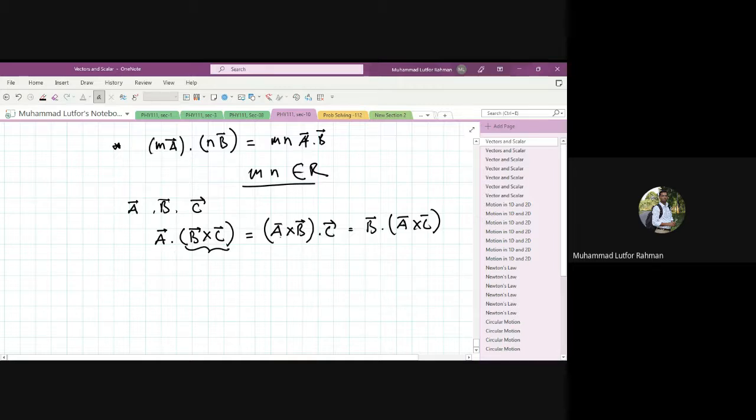It's not going to change. This is not actually the vector triple product, because it's a scalar quantity. So whatever permutation you apply here applies over here.